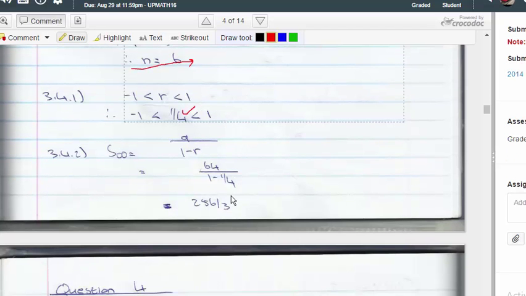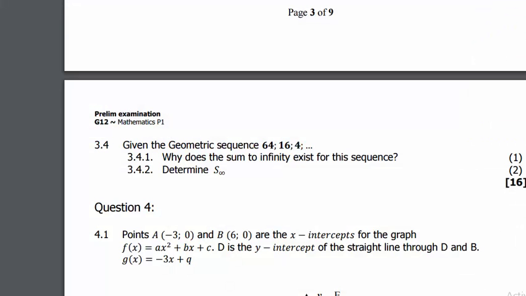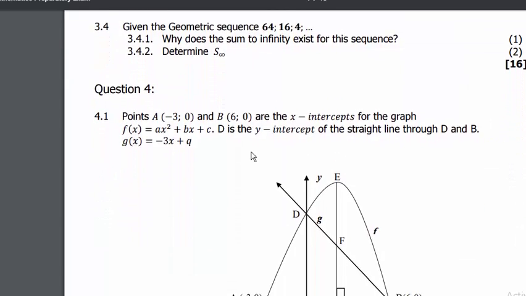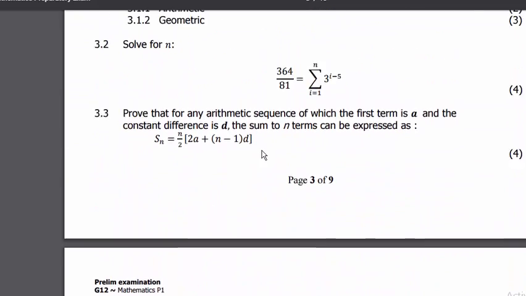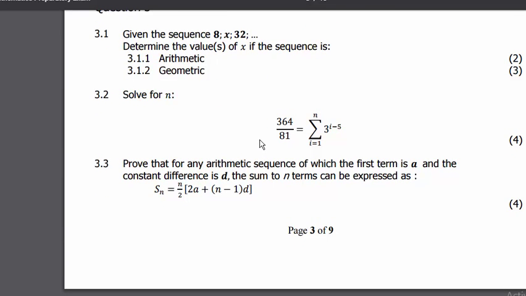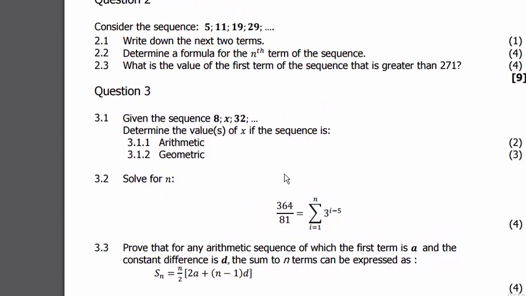It's a super simple answer. You just substitute into the sum to infinity formula. The first term is 64, and the constant ratio is negative 1/4. So very good, and that is the number patterns for this paper.